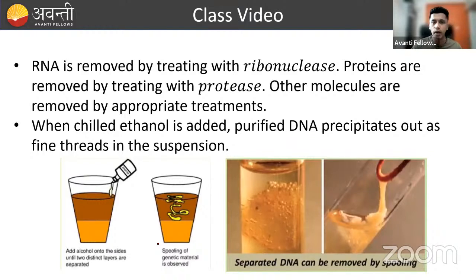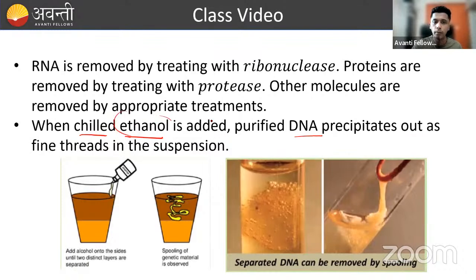Once they are treated with the digestive enzymes, we have only the nucleic acids in the form of DNA. Once our entire solution has only the DNA and the rest of the solvent, we add chilled ethanol to this suspension.